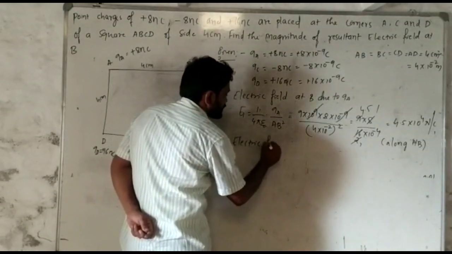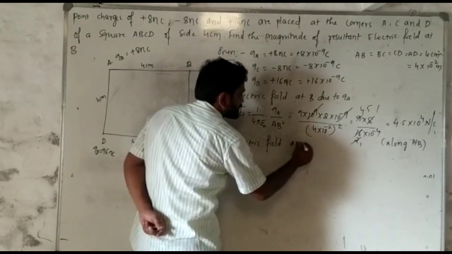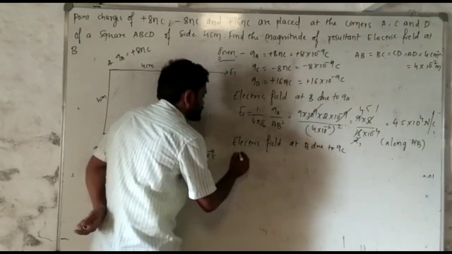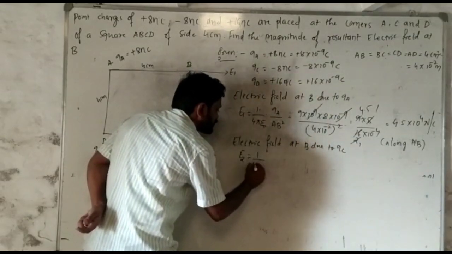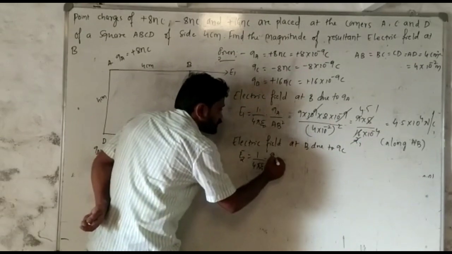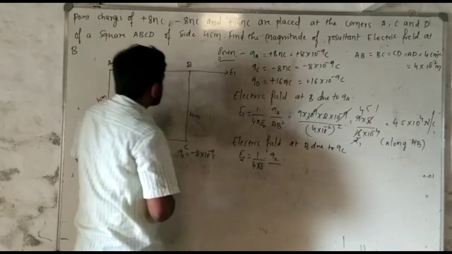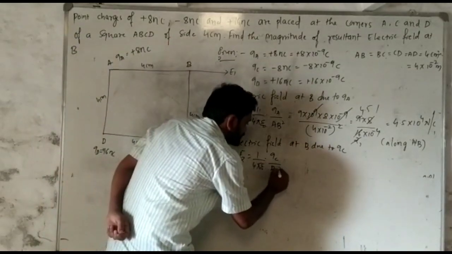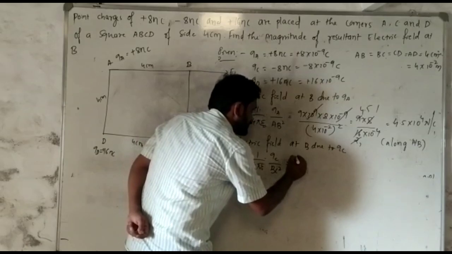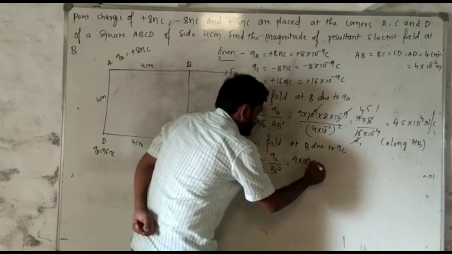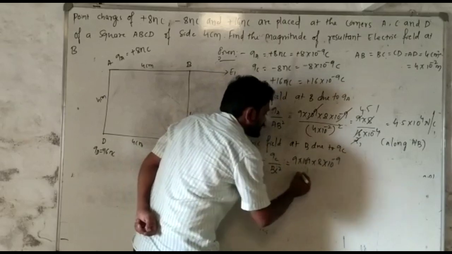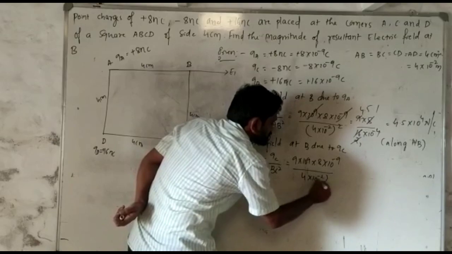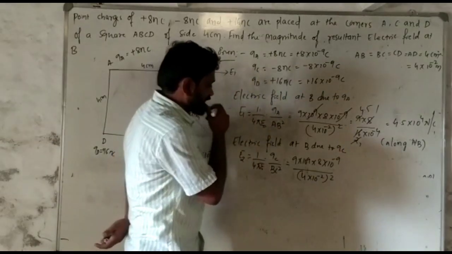Electric field at B due to QC. See, E2 is equal to 1 upon 4 pi epsilon naught QC divided by the distance between the point and charge, that is BC square. Substitute the values: 9 into 10 raised to 9 into 8 into 10 raised to minus 9, divided by BC, which is 4 into 10 raised to minus 2, whole square.